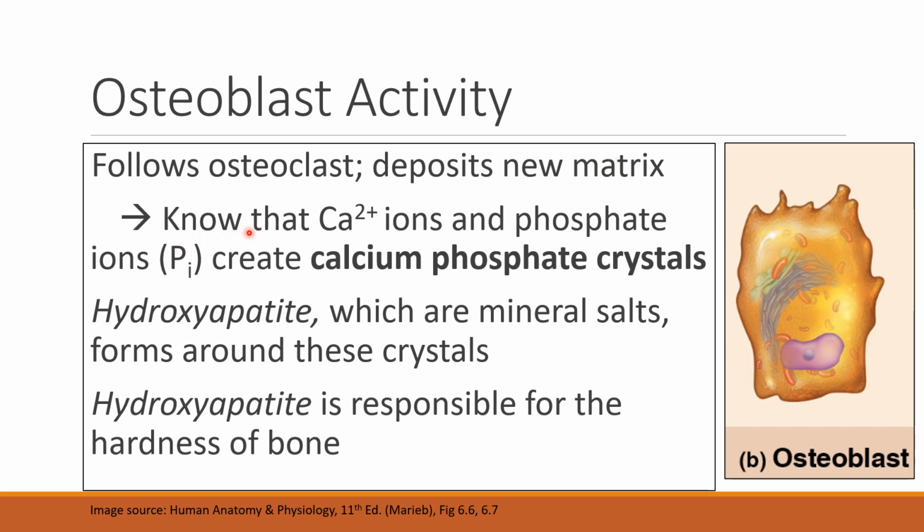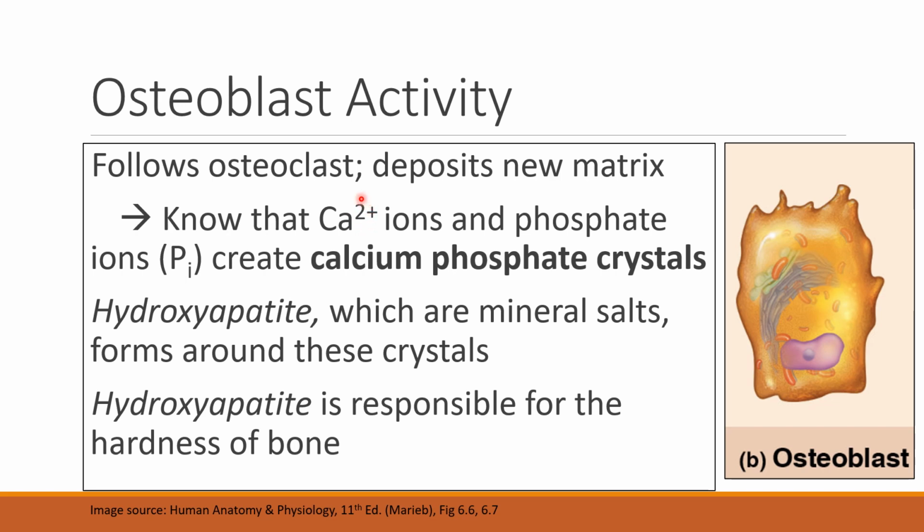essentially the calcium ions and phosphate ions will be laid down and applied to the osteoid, creating calcium phosphate crystals. Now look at how this is abbreviated, Ca2+. Ca means calcium. This 2+ means that it's an ion with a double positive charge, right?